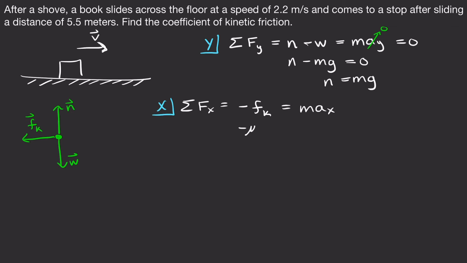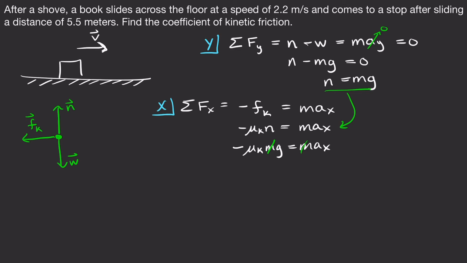So if I substitute for Fk, mu k times n, the normal force, and again take the normal force I found from the y equation, I get a mass in both sides of my equation, so that goes away.